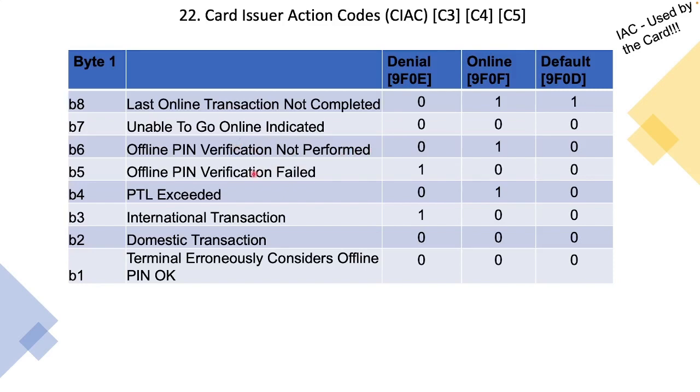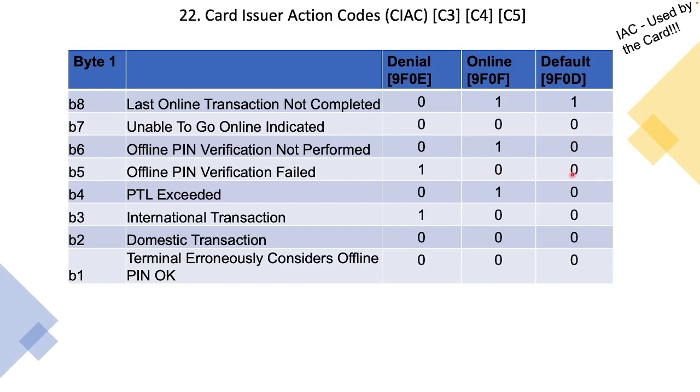If offline PIN verification was performed but it failed. If the PIN try limit is exceeded, if it's an international transaction, a domestic transaction, the terminal erroneously considers offline PIN okay. Right, so in the same principle, it's 100 for decline offline, 010. Now let's go online, but if we can't go online, no biggie. We'll have a look again and see whether we approve it or decline it.